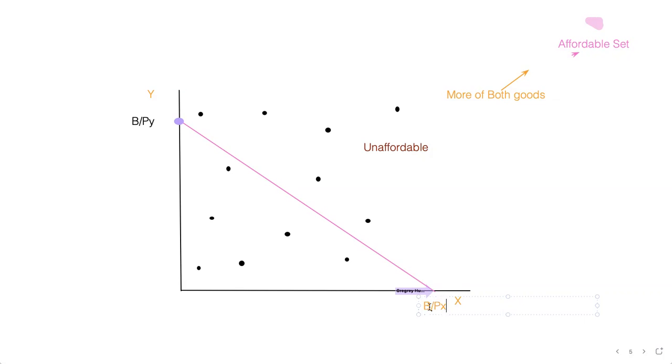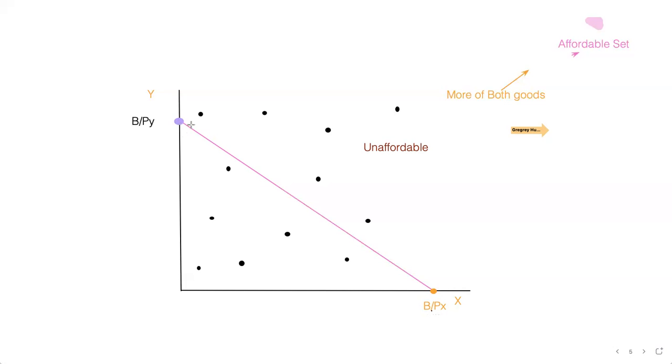It's going to be your budget divided by the price of X, right? Hopefully the intuition is starting to click here, so you can nail down these points and understand what they mean. So I'll just put an orange dot over there.